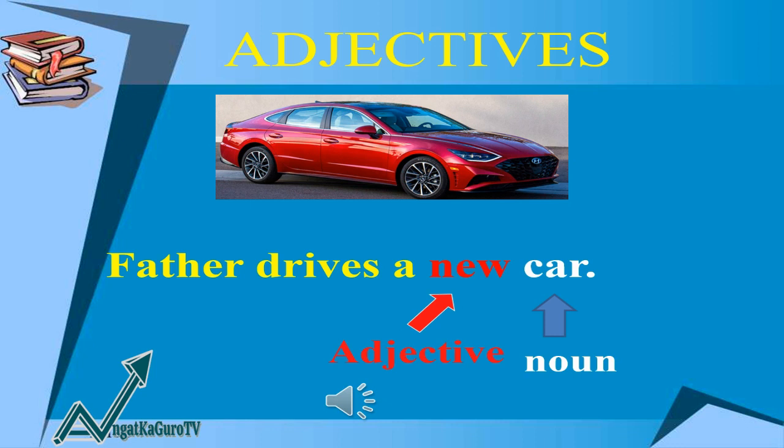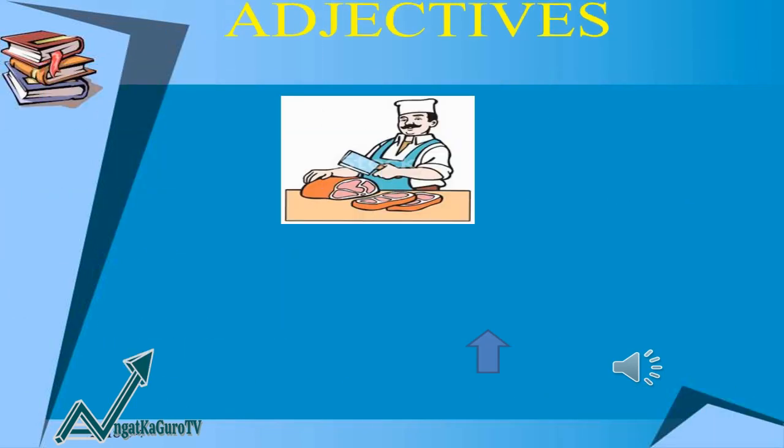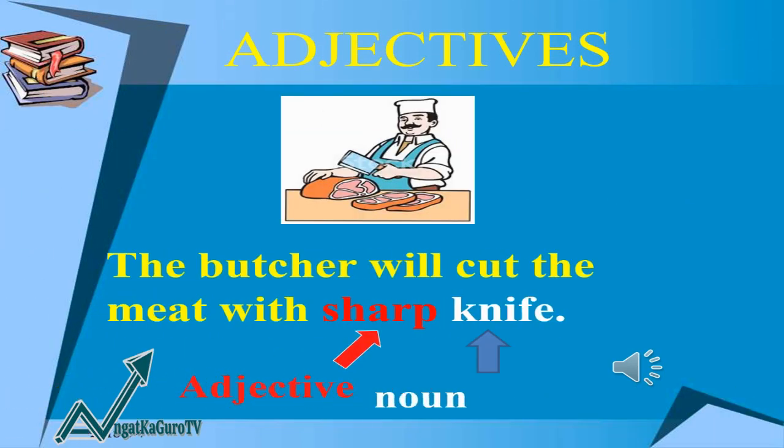New is an adjective and car is a noun. Another example: the butcher will cut the meat with a sharp knife. Sharp is a descriptive adjective, knife is a noun.